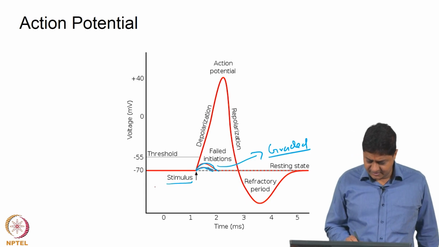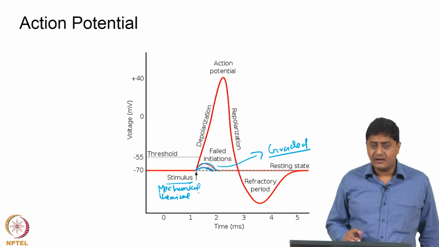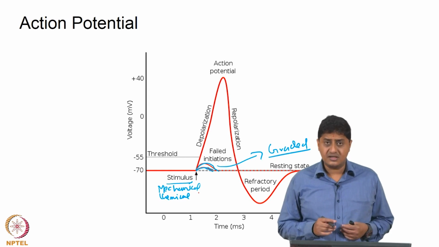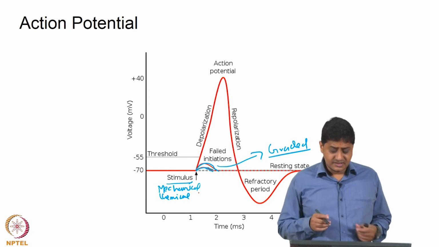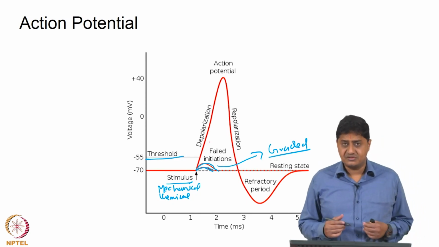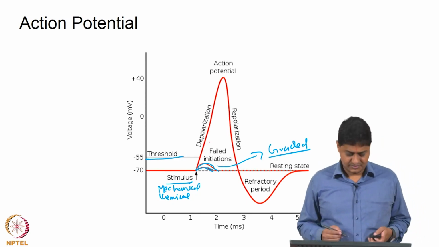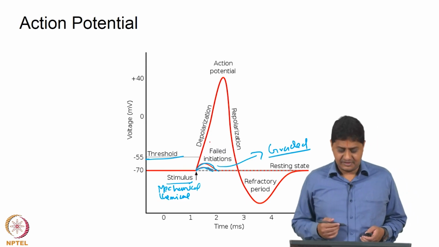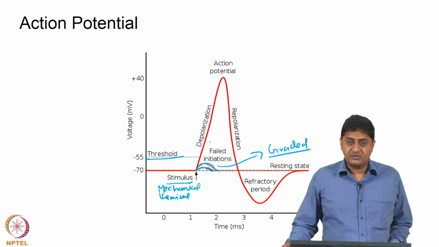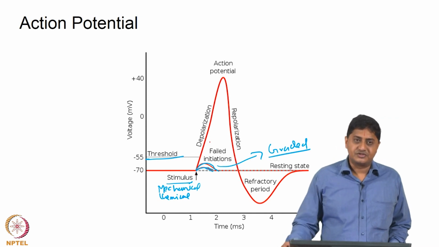Various things I already mentioned: mechanical stimuli, chemical ligand gated channels, and a whole bunch of factors could act as stimuli that cause slight depolarization. Sometimes when it reaches the threshold, some magic will happen when it crosses the threshold. What happens when it crosses the threshold is something that we will have to see. With this we come to the end of this lecture. I will continue in future classes. Thank you.